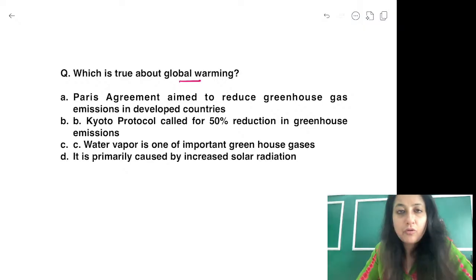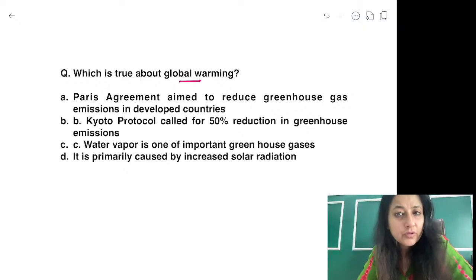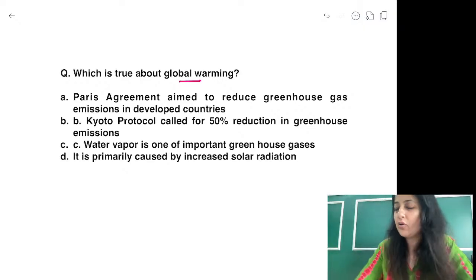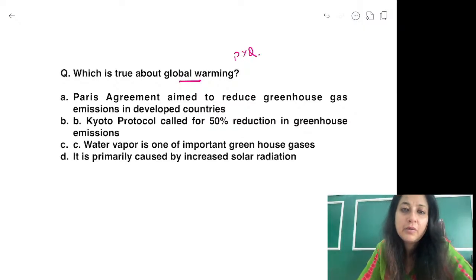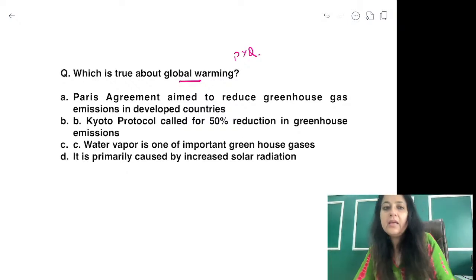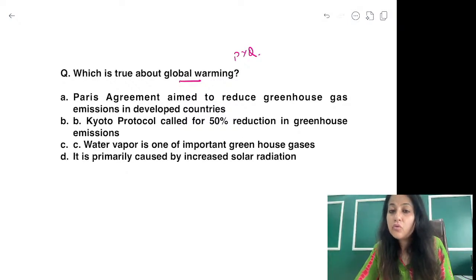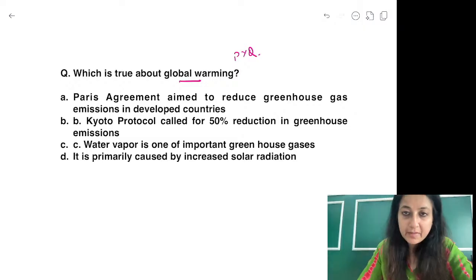What is true about global warming? I'm trying to cover those topics that many times you ignore. Global warming is actually a PYQ, and we are experiencing global warming, so they could give you a question on it. Which is true about global warming?